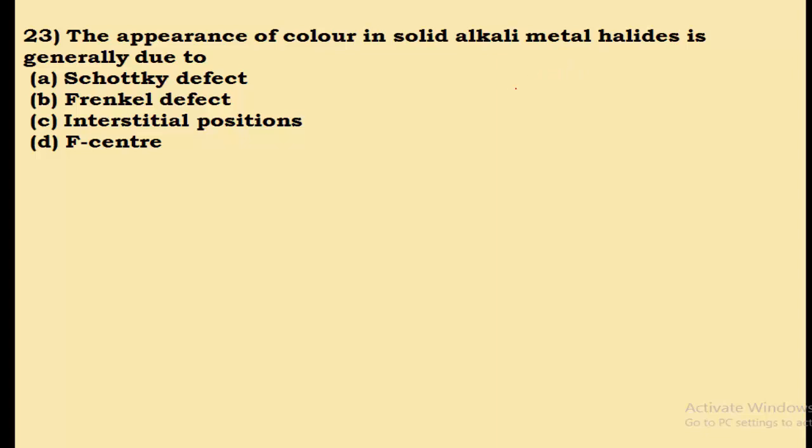Next, 23rd, the appearance of color in solid alkali metal halides is generally due to Schottky defect, Frenkel defect, interstitial positions, F center. Whenever a solid alkali metal halide is heated in its metal vapor, an anionic vacancy is formed.